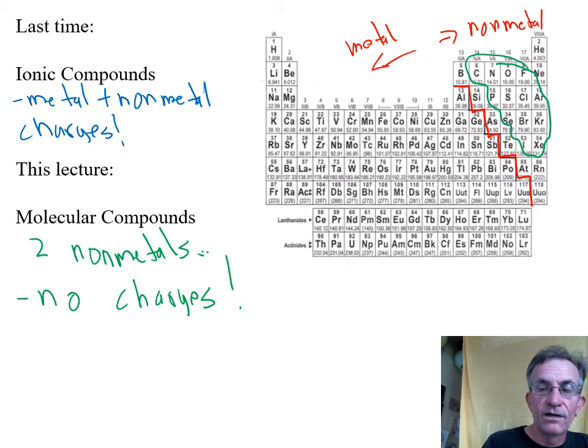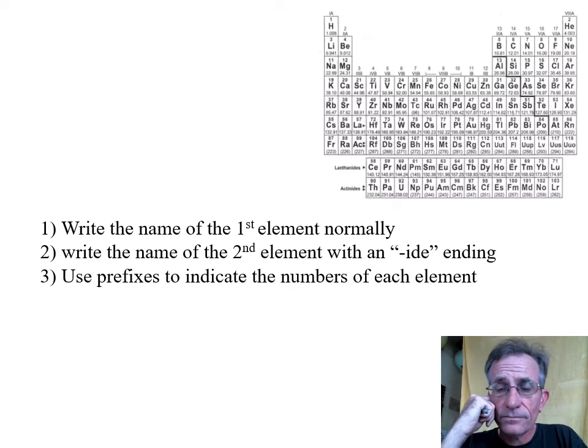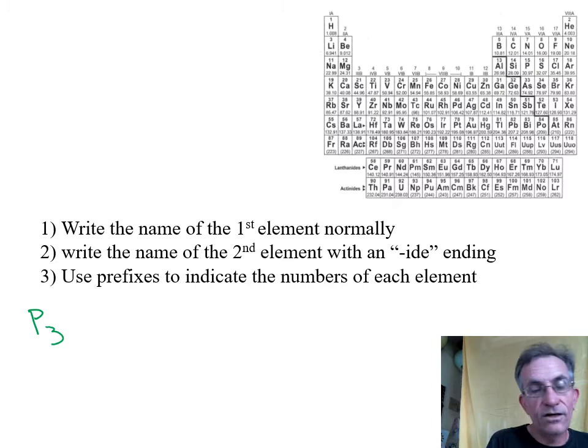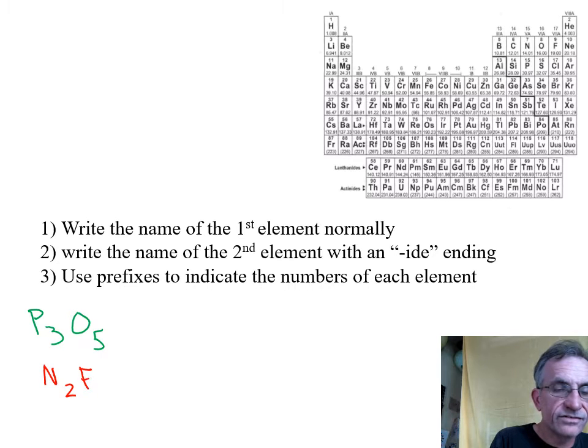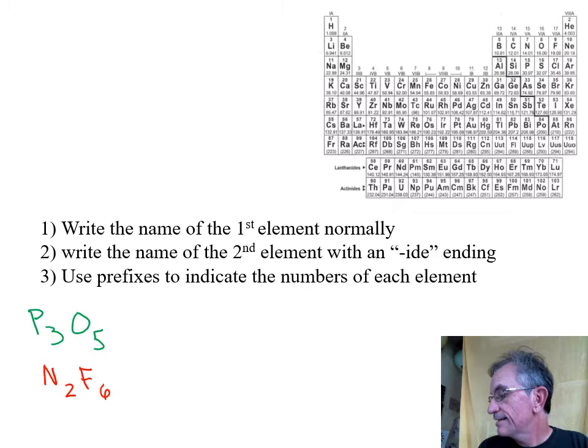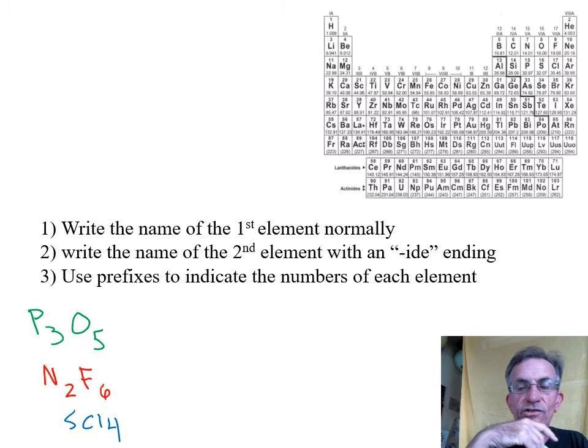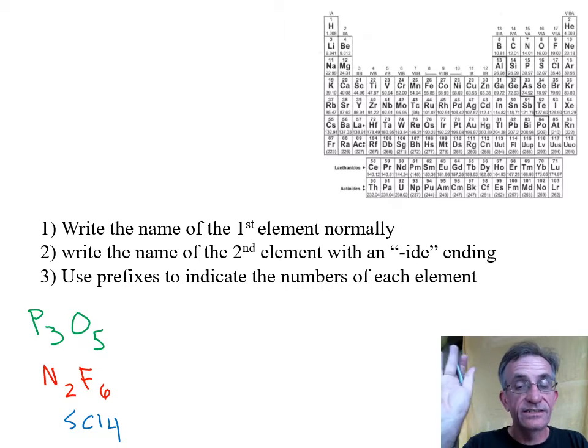All right, so for a molecular compound, let me put up a couple here. I got a couple examples written over here. P3O5, or maybe I give you N2F6, or maybe I tell you SCl4. These are all molecular. So there's another way to name them.